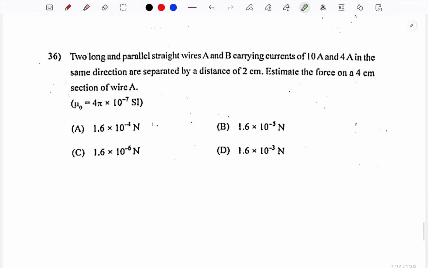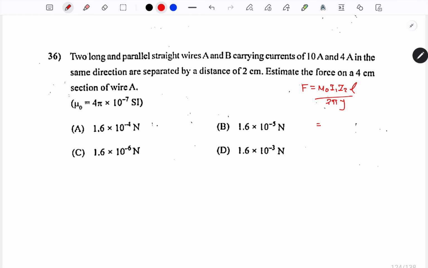Next question. Two long and parallel straight wires A and B carrying current of 10 ampere and 4 ampere in the same direction are separated by a distance of 2 cm. Estimate the force on a 4 cm section of wire A. For the force we know that F is equal to mu 0 I1 I2 L upon 2 pi y.